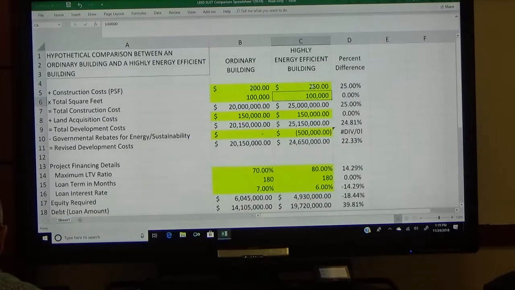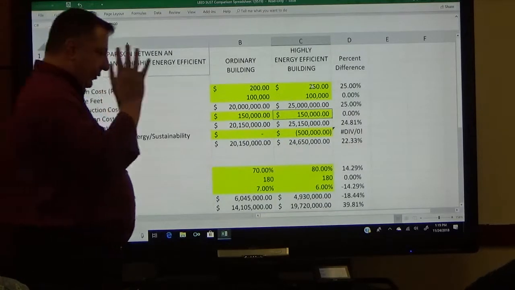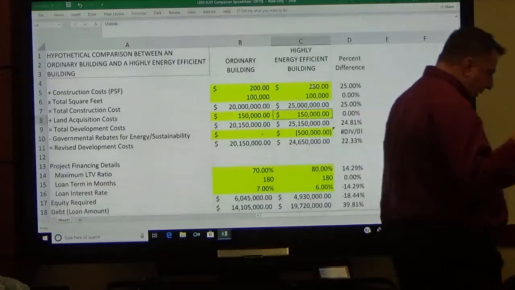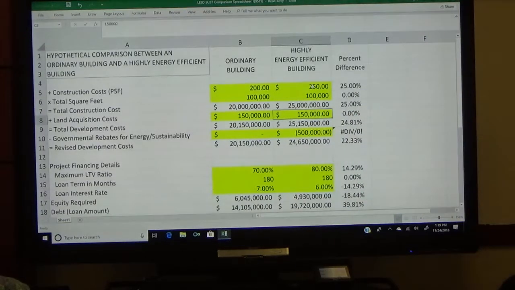Okay, so now you begin to see some of these other things beginning to populate. That represents a 25% difference or increase in cost. And the square footage is probably going to be the same, although one could make an argument. Thinking about this from the standpoint of office space, do we need to give everybody a closed-in office?